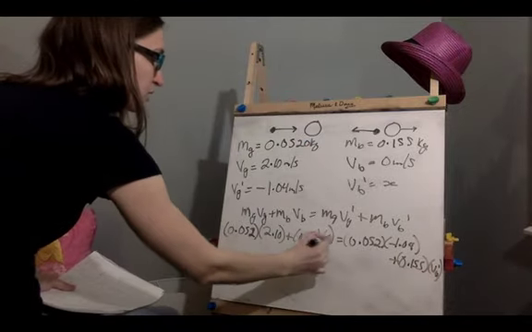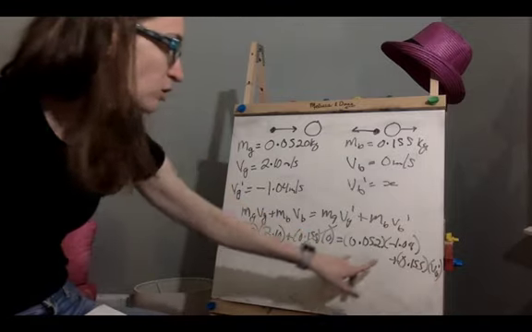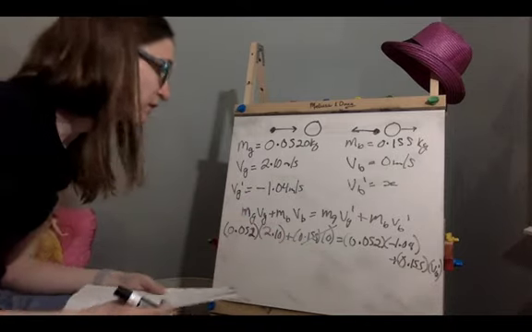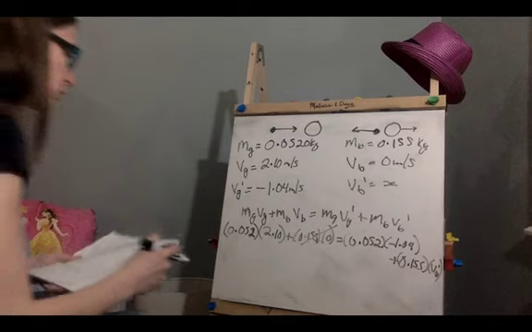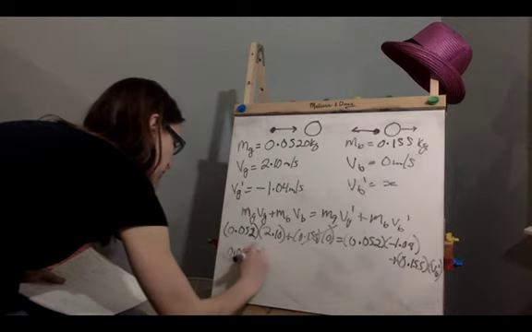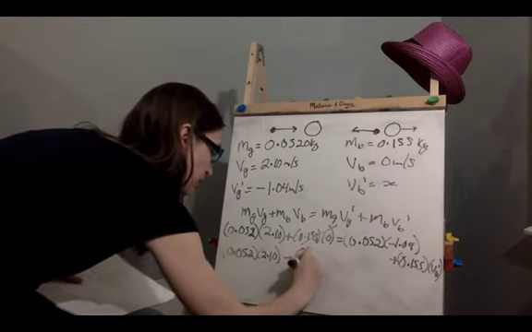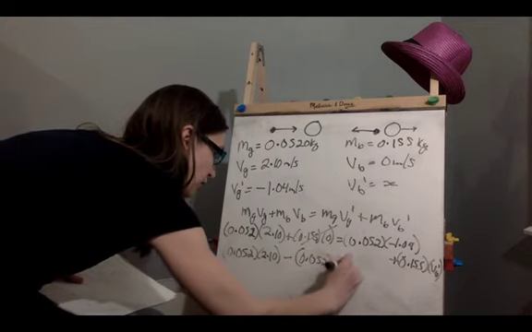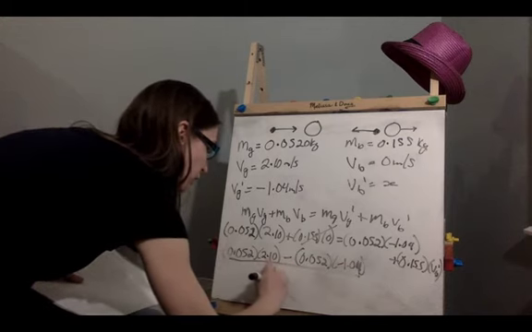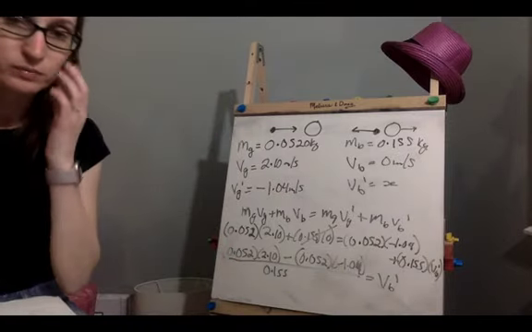Okay, so again, that's going to multiply and give you 0, so that can cancel. To solve for that v_b prime there, you'd start by subtracting this from both sides and then dividing by that mass of 0.155. So you'd essentially be doing the following calculation: 0.052 times 2.10 minus this term of 0.052 times negative 1.04, and then dividing by the 0.155 to give you the velocity of the billiard ball after the collision.